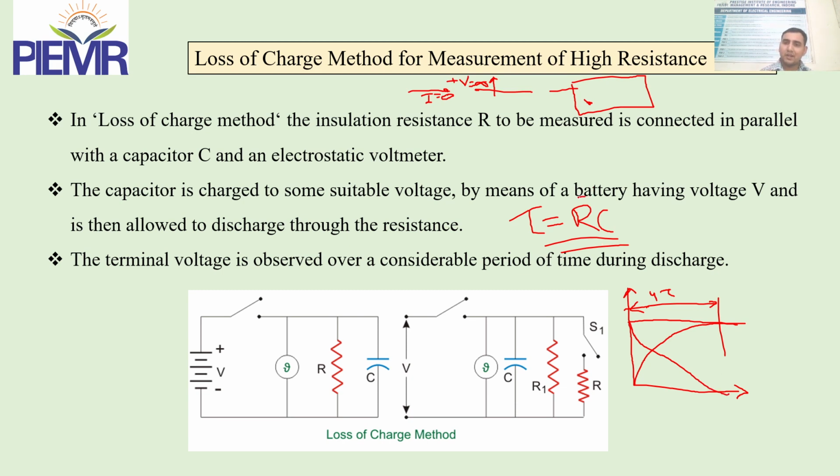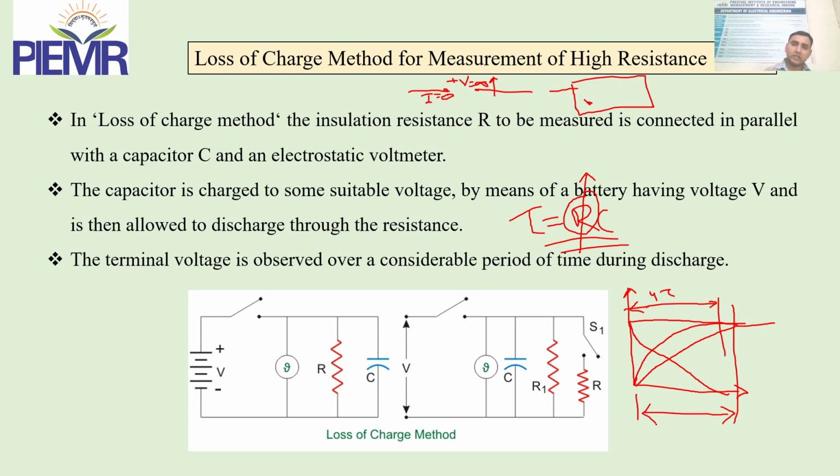If this resistance is very high, then the time taken to charge is very high, so the time taken to charge a capacitor in an RC circuit should be very high.